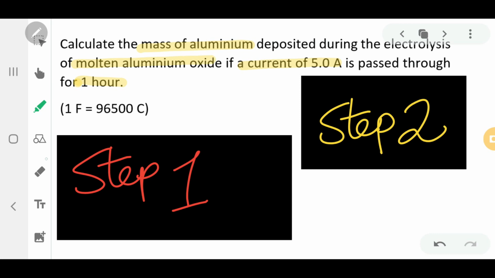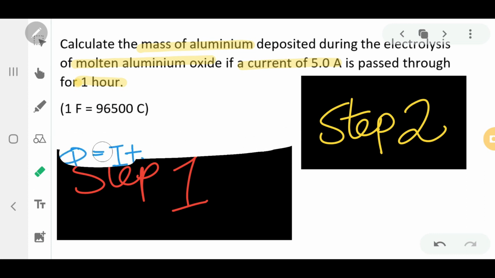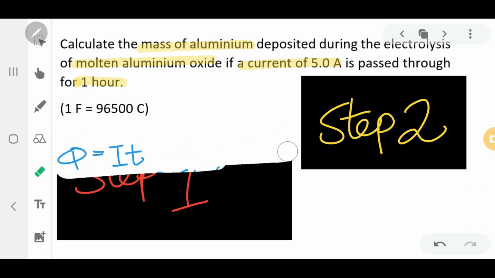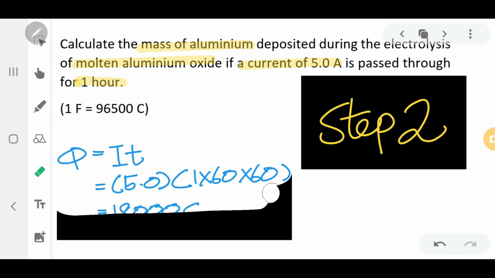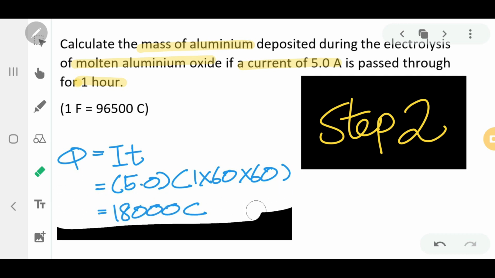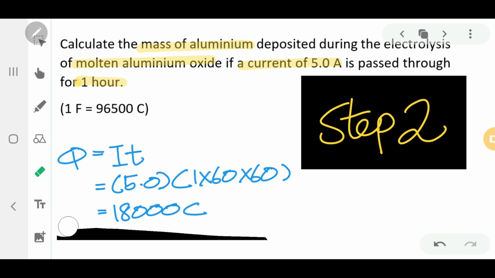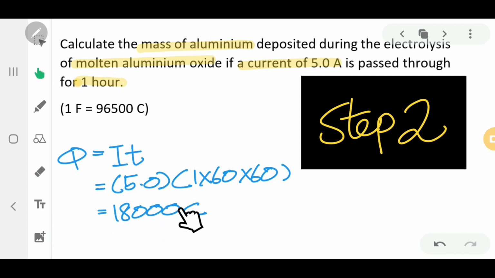So, step 1. First, we're going to use the formula Q equals IT to find out the electrical charge involved in this electrolysis process. By doing that, you would be able to work out the Coulomb, which equals 18000 Coulomb.